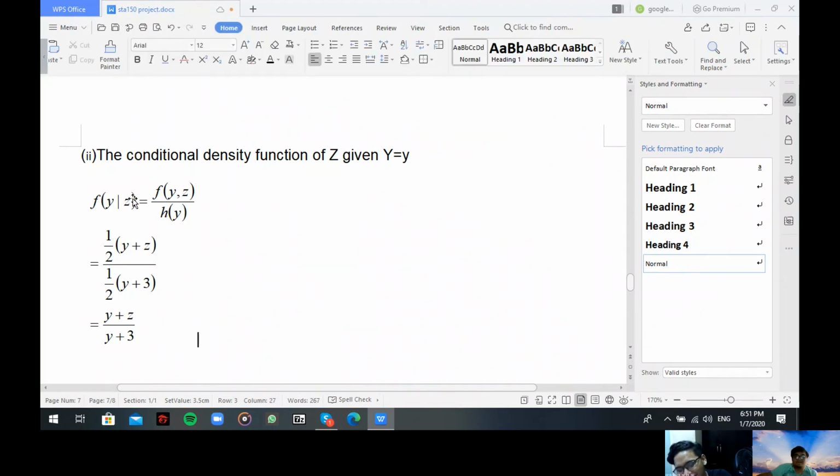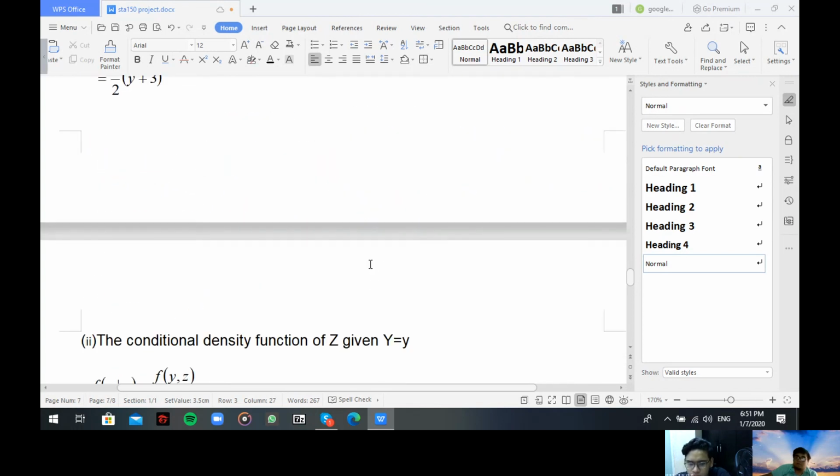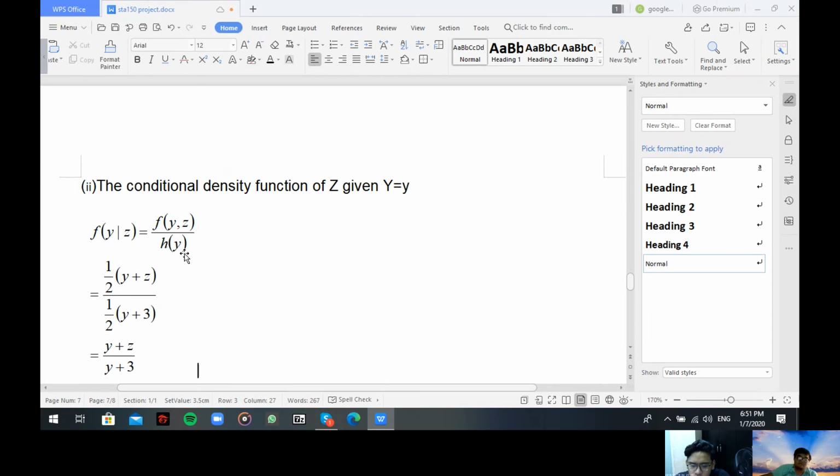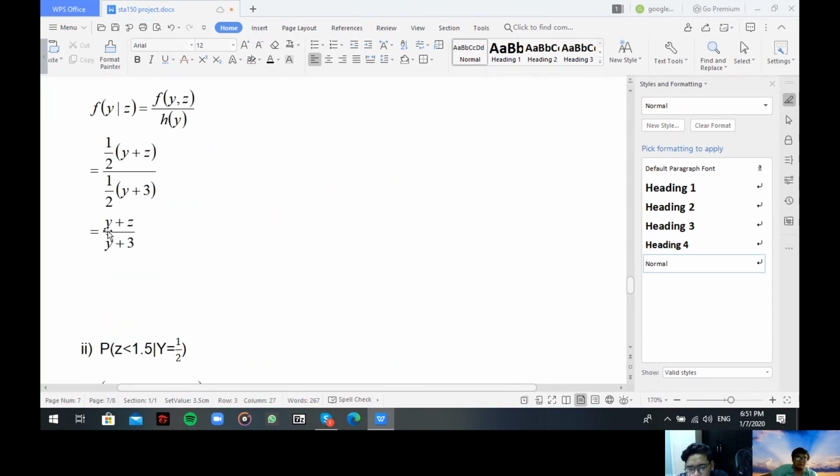The formula for the conditional density is f(y,z) over h(y). f(y,z) is the normal one, 1 over 2 y plus z. So h(y) you have calculated earlier, and then you just put it here, and then cut and cut, you will get y plus z over y plus 3.